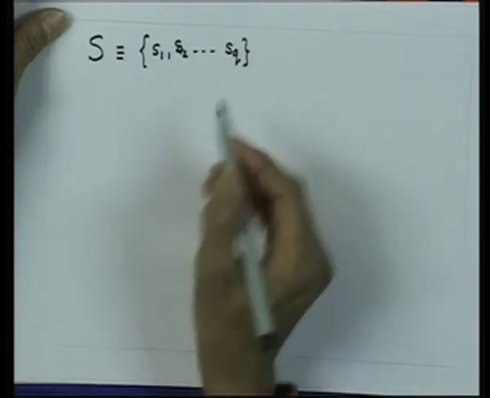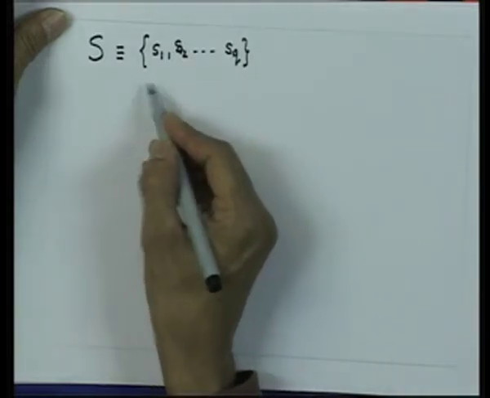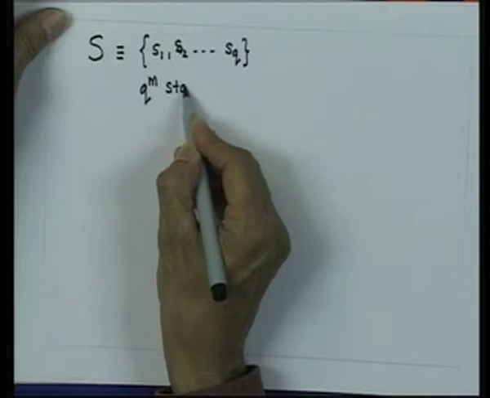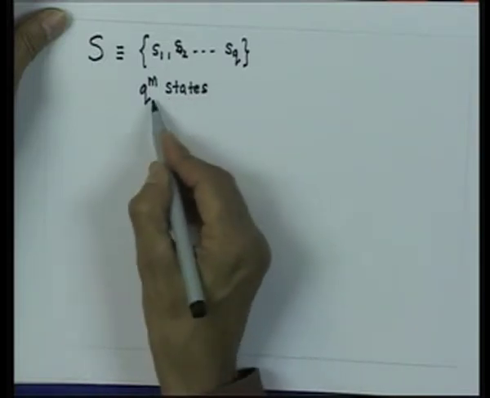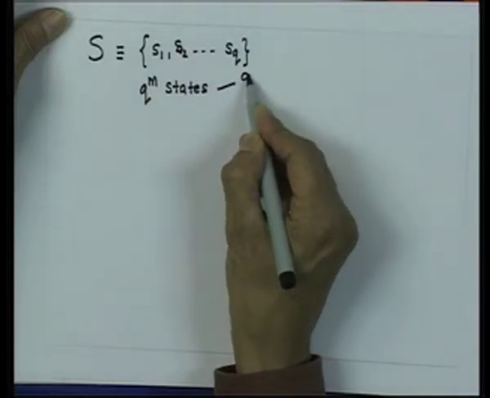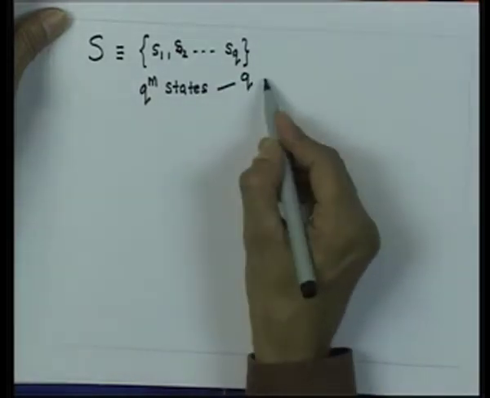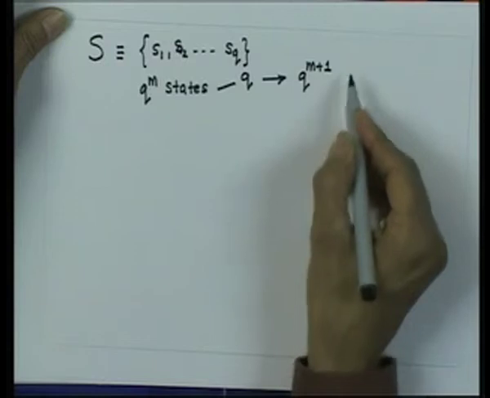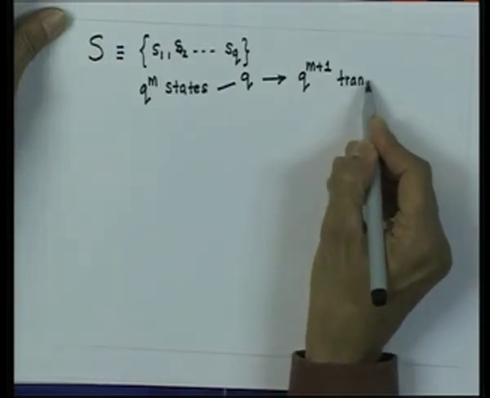A Markov source S is now identified by the source alphabet and conditional probabilities. Since there are q raised to m states, and with each state you have q transition probabilities, you will have a total of q raised to m plus 1 transitional probabilities.